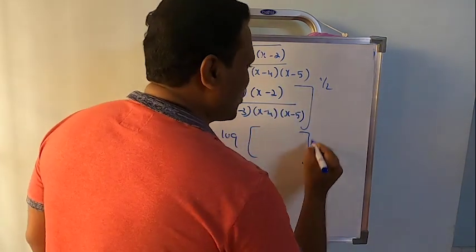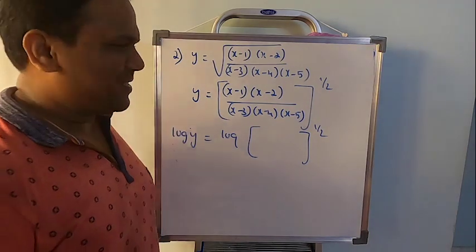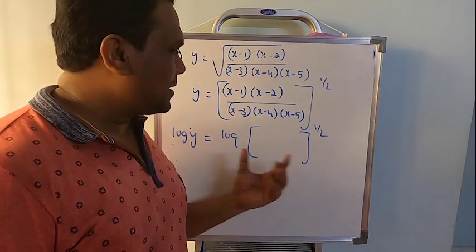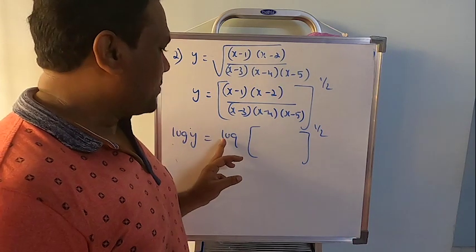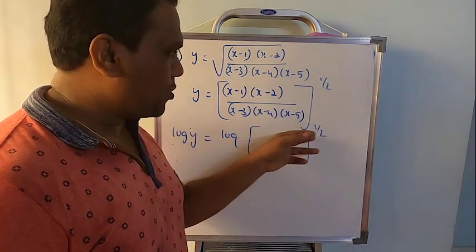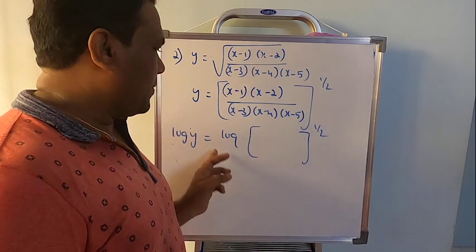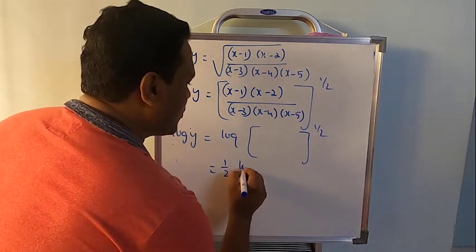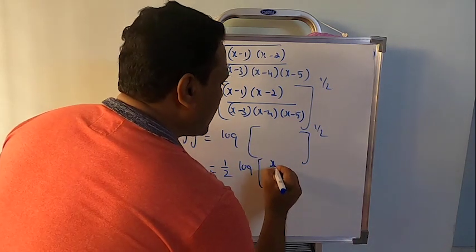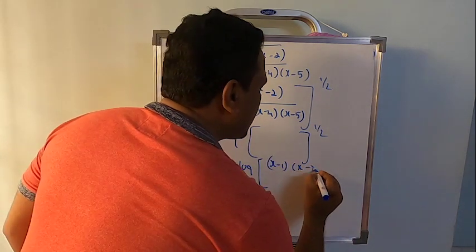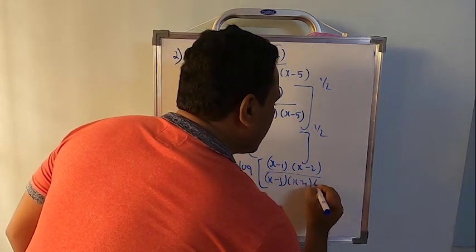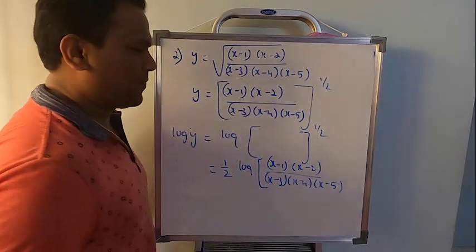Whatever is there on the right side, I'm going to apply log. Now it's been converted to log of x to the power y. So this power will be in front of the log. So this can be written as half into log of x minus 1, x minus 2 by x minus 3, x minus 4, x minus 5.